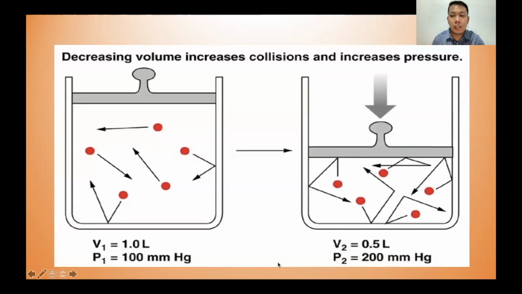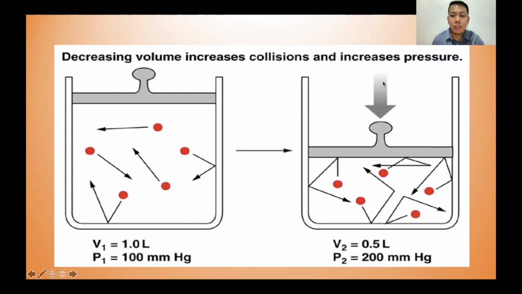All right, so let us look into the inside part of the syringe. Decreasing volume increases collisions and increases pressure. When you decrease the volume, which is happening here on the right side, you have to increase the pressure.